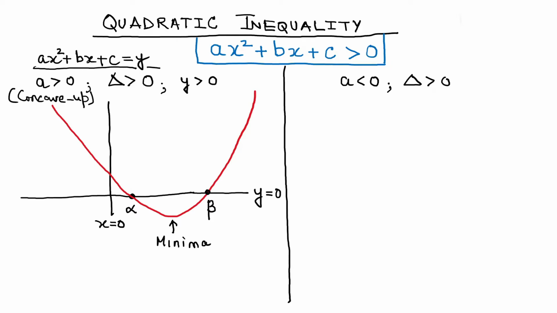Analogously, if I were to draw the graph when a is less than 0, the only thing that I need to understand now is the graph will be concave down, because a is less than 0. The graph will intersect with the x-axis at two different points because delta is greater than 0, and at the same time y needs to be negative. So let me draw the graph first.